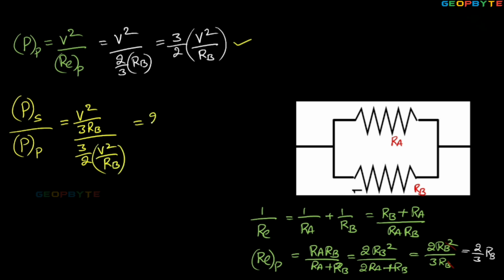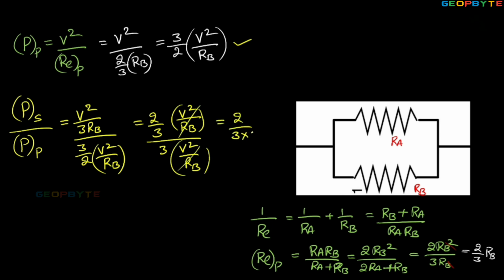It is 1 by 3 into V square by RB divided by 3 by 2 into V square by RB. This part is cancelled. Finally, it equals 2 by 3 into 3, which is 2 by 9. That is the power output for the series arrangement divided by the power output of the parallel arrangement.